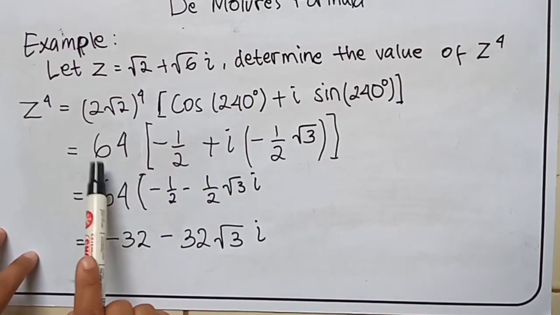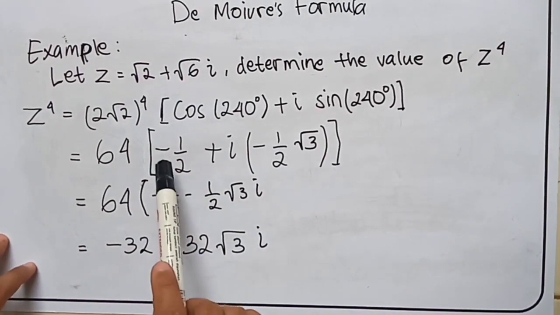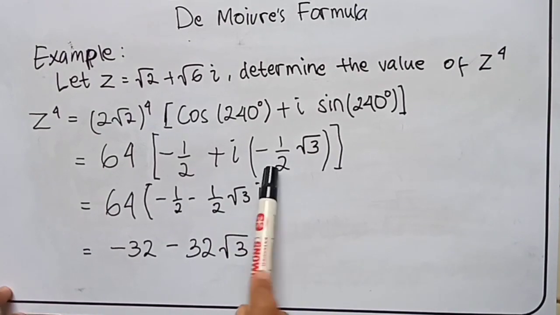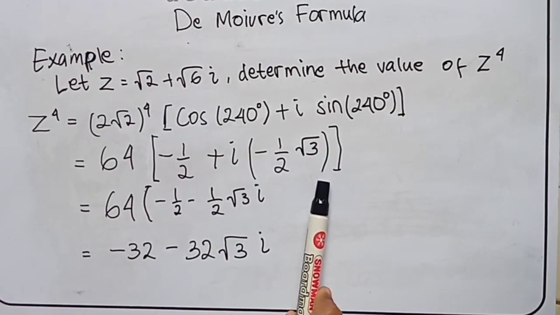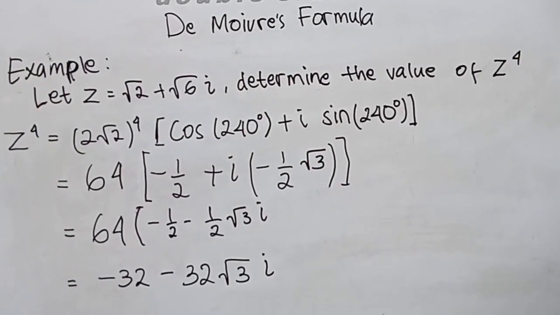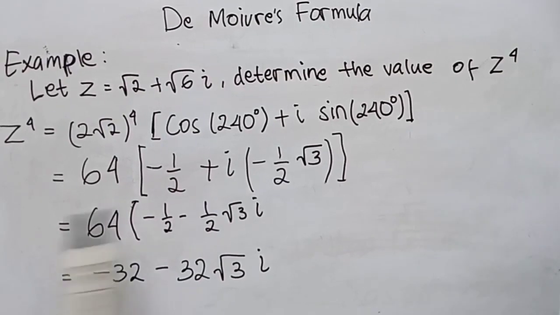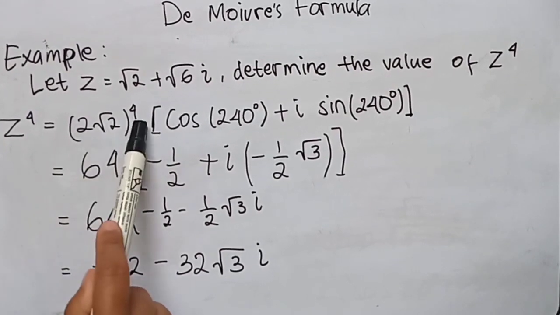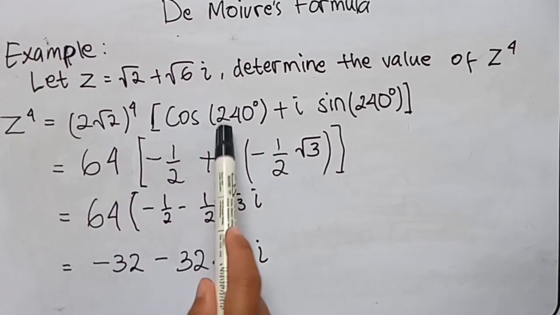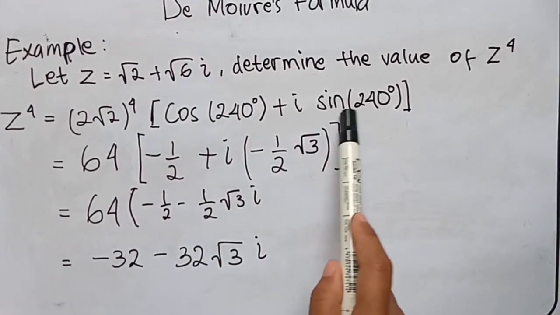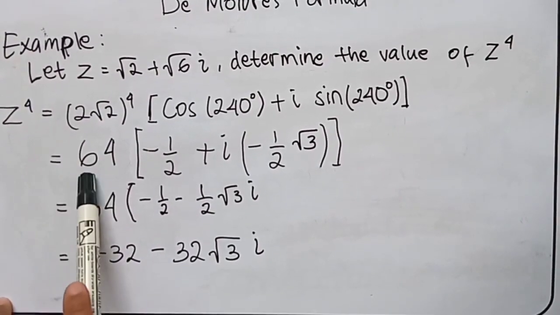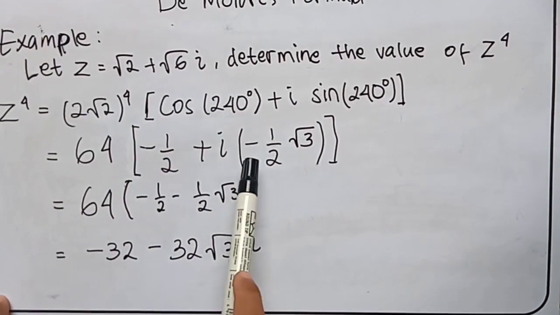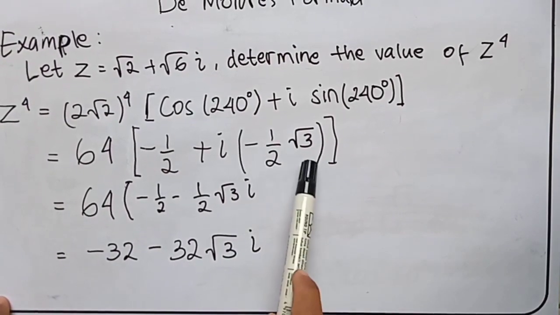And here we have 64 times negative a half plus i times negative a half square root of 3.